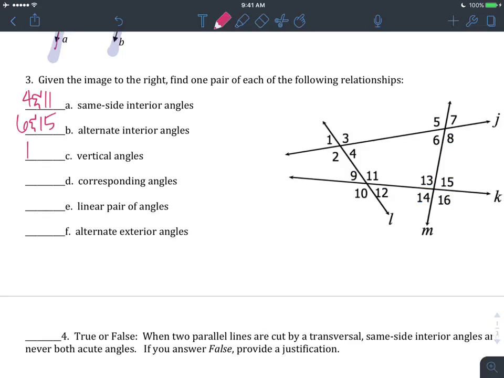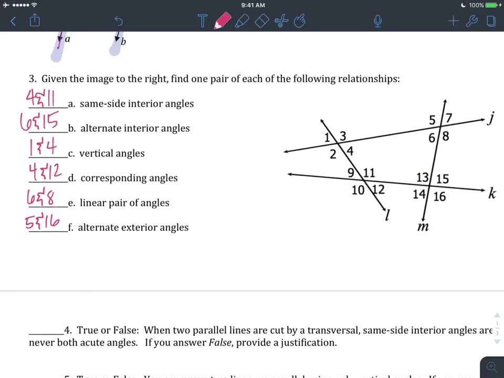Vertical angles, 1 and 4. Corresponding angles, 4 and 12. A linear pair, 6 and 8. And then alternate exterior, 5 and 16. Like I said, there's going to be lots of options, but this is just one for each type.